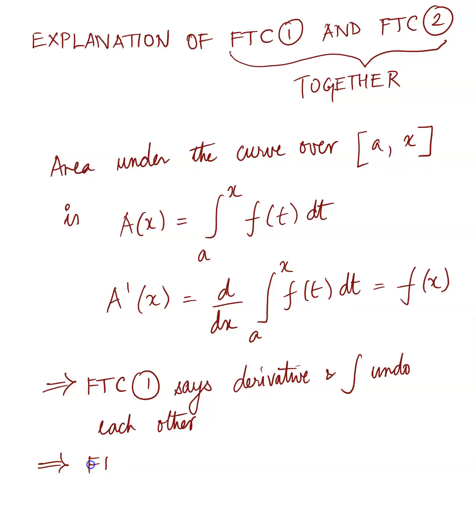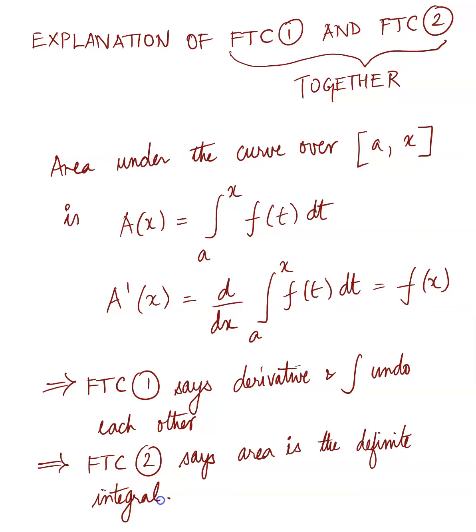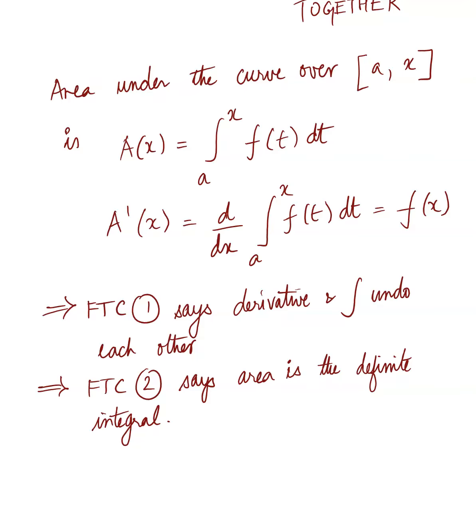And FTC2 says area is the definite integral. Do you see that? So the area is the definite integral from a to x, or if it was defined from a to b, then we've got that area under the curve.